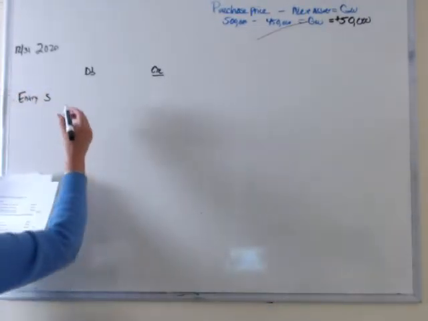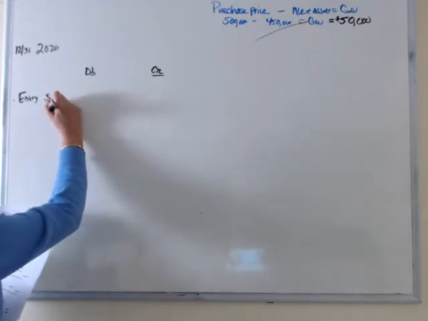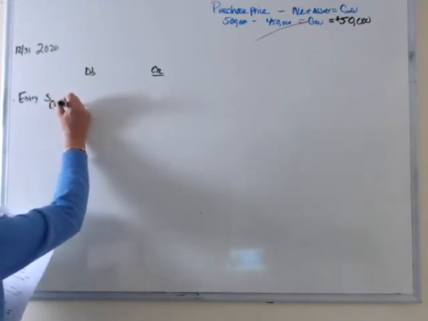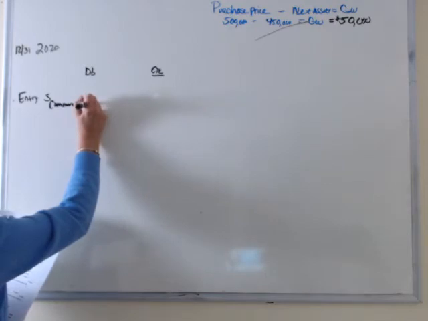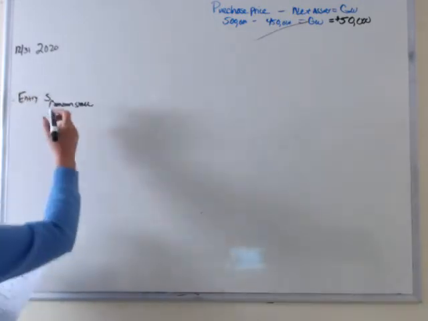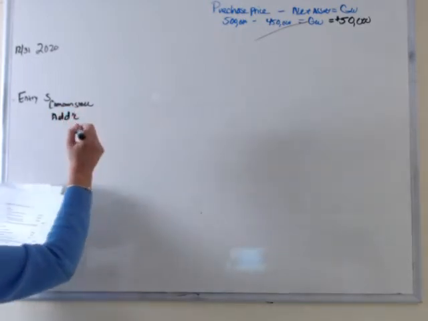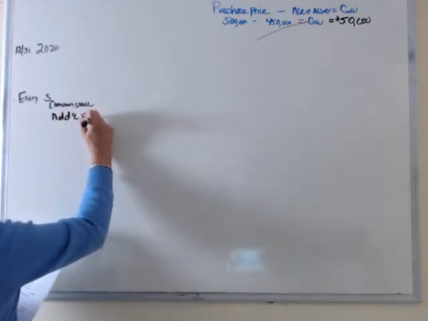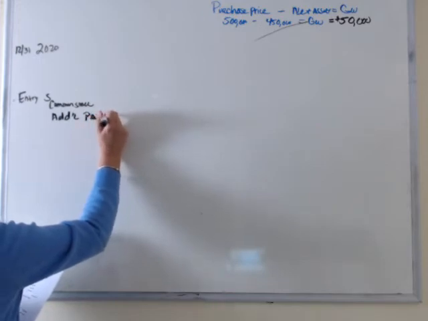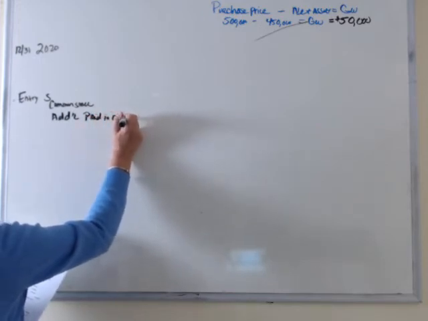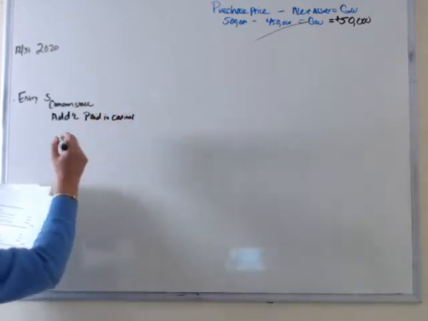So I go common stock. No wonder why they don't put in additional. I'll put the debits and credits in a minute. Additional paid in capital. And then I have retained earnings.